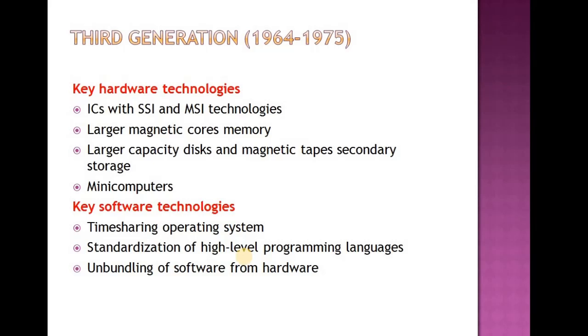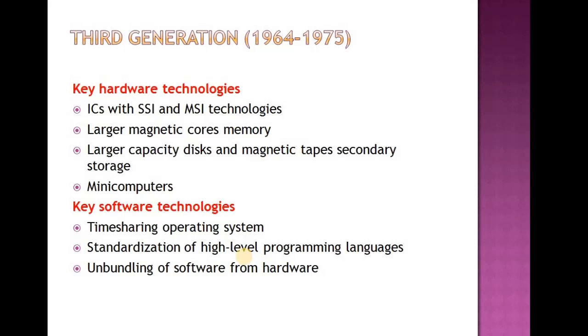The same programming languages were used in this generation, but these languages were standardized by an organization called ANSI, which stands for American National Standards Institute. This is the organization that usually gives standards to use these programming languages. Even our C programming language is standardized by ANSI.